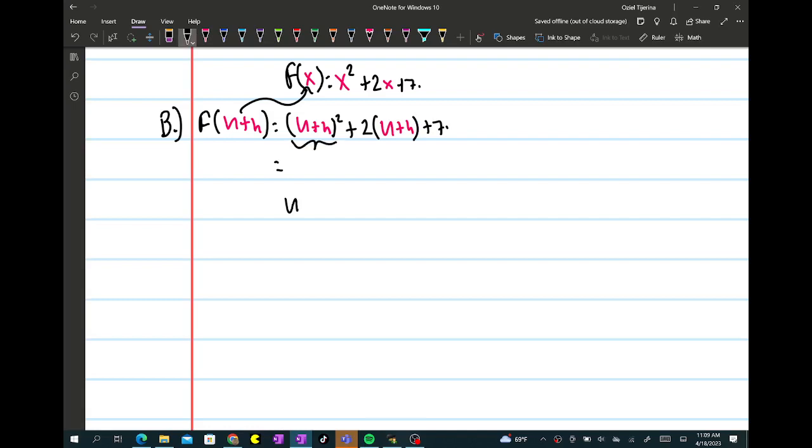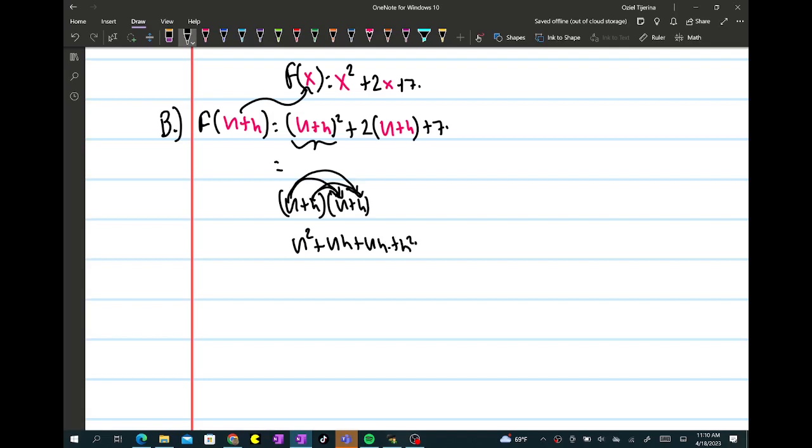So then using the FOIL method, you can say u plus h quantity times u plus h. So it goes first, outer, inner, last, right? So u squared. And if you guys don't know how to do the FOIL method, I believe I have videos on that. So it's plus uh plus uh, because plus hu, which is uh, and then plus h squared.